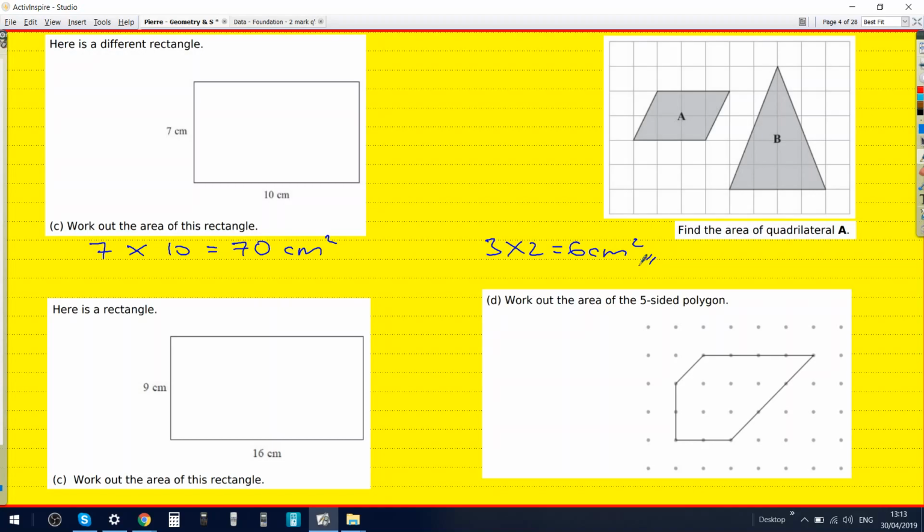5, 7, so we've got 1, 2, 3, 4. So it's 4 along. Oh, okay. So we've got 1, 2, 3, 4, 5, 6, 7, 8. So it's 8 full squares.